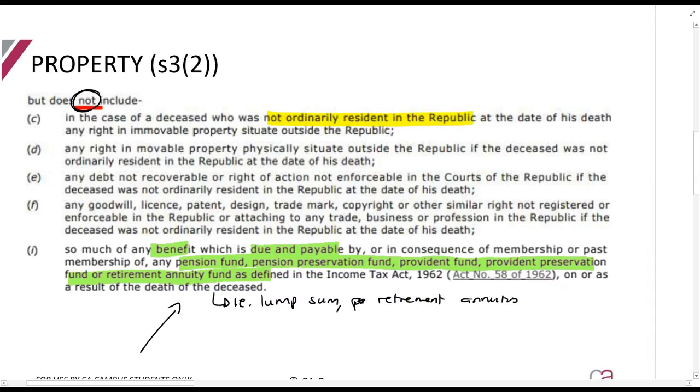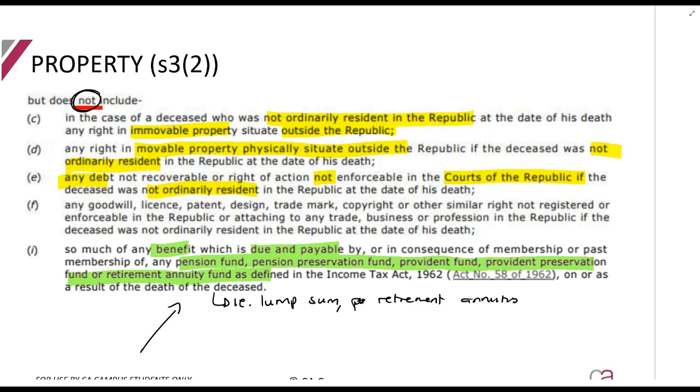Right, so what's not included in property, guys? If you're not a resident of the Republic, if you're a non-resident, any immovable property outside of the Republic. If you are not a resident of the Republic, any movable property outside of the Republic. If you are non-residents, any debt which is not enforced in the courts of the Republic. So if someone owes you money in England, then it can't get taxed here.